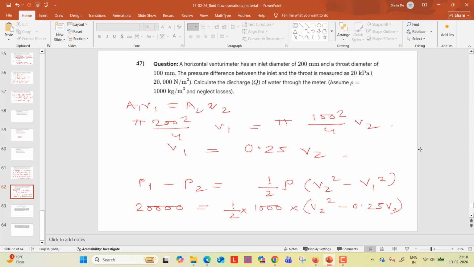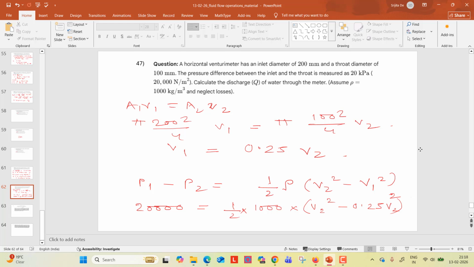So this is V2 square minus (0.25 V2) square, so this is 20,000 into 2 divided by 1000 divided by (1 minus 0.25 whole square).